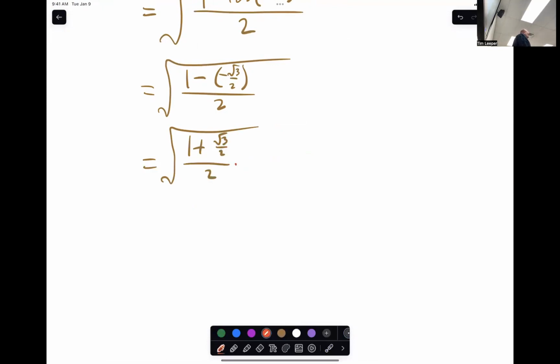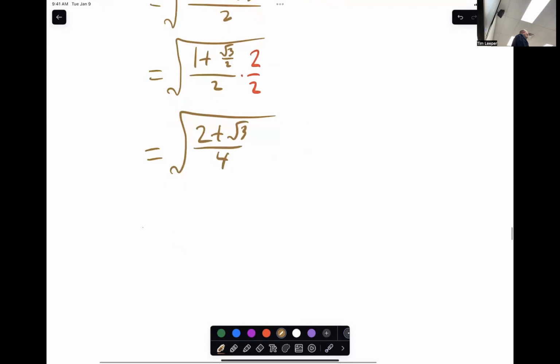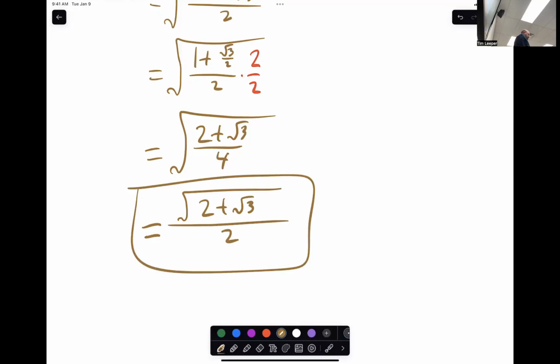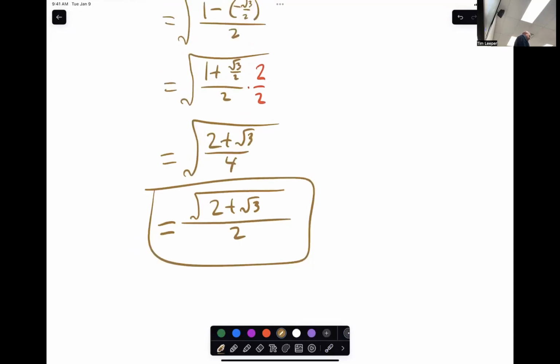And of course, I can multiply both the numerator and denominator by 2 to get rid of that denominator. It's going to give me the square root of 2 plus the square root of 3 all over 4. And when you take the square root of the numerator and denominator separately, that's the square root of 2 plus the square root of 3 all over 2. And there you go. This is the sine of 75 degrees.